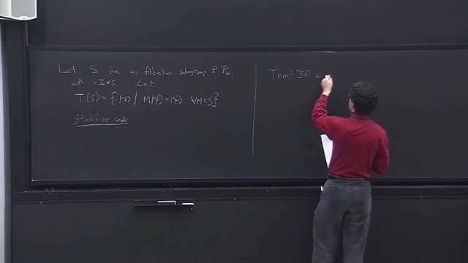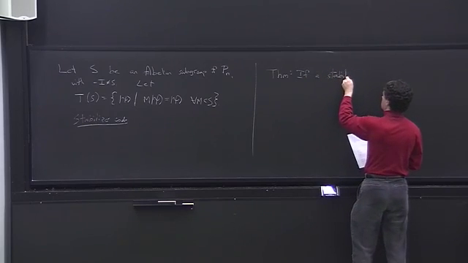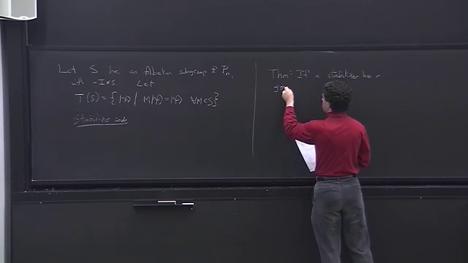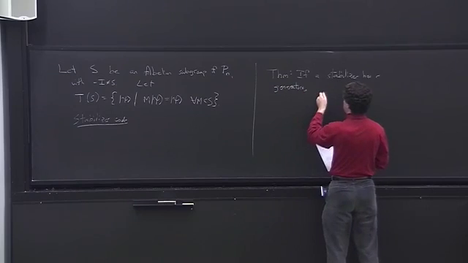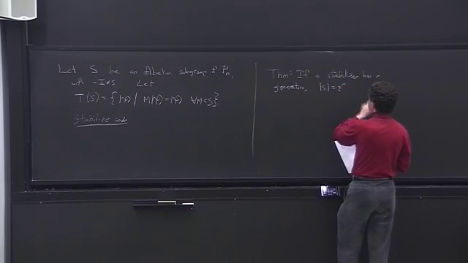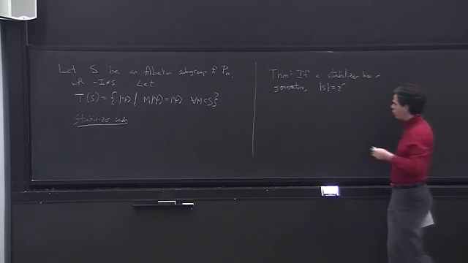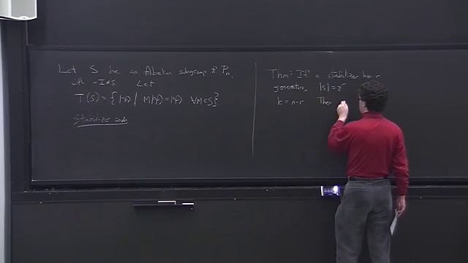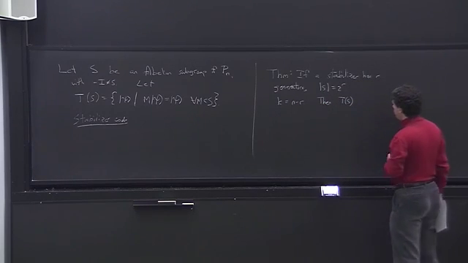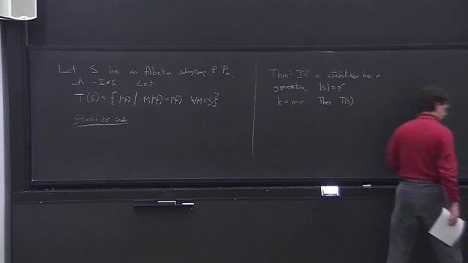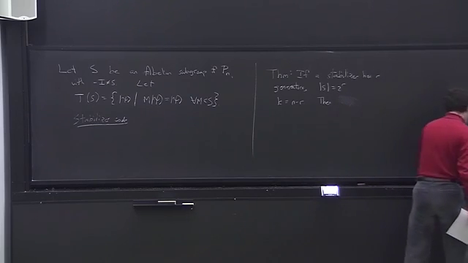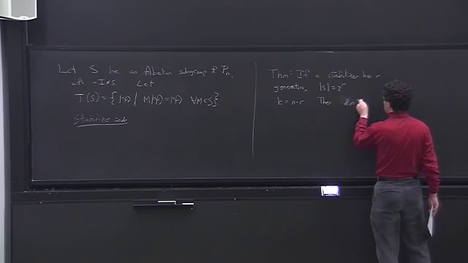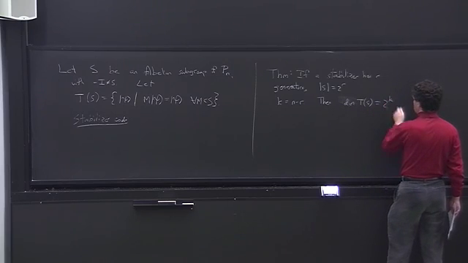So if a stabilizer has R generators, then the size of the stabilizer is 2 to the R. And if we let k equal n minus R, then the dimension of the encoded subspace is going to be 2 to the k.